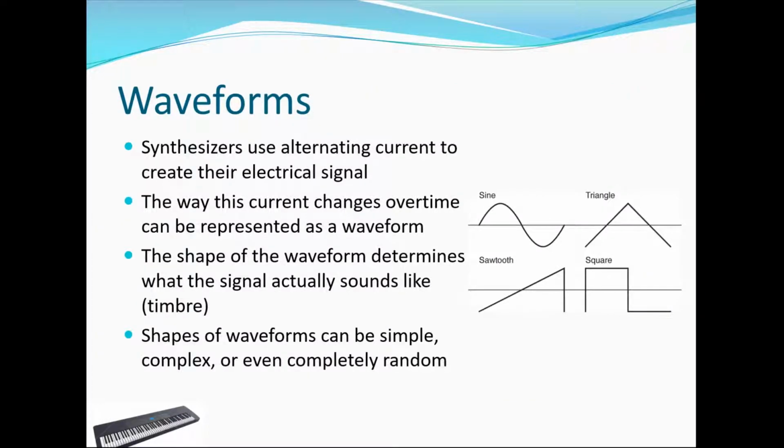At its main core, a synthesizer needs to start with some type of signal. Many times that can be a waveform. Some of the simplest waveforms are shown right here. So synthesizers use alternating current to create their electrical signal.